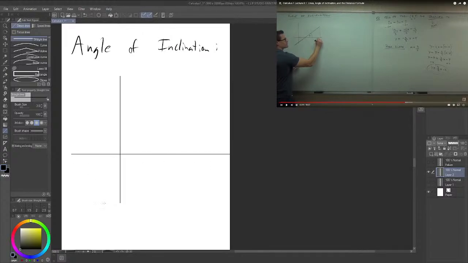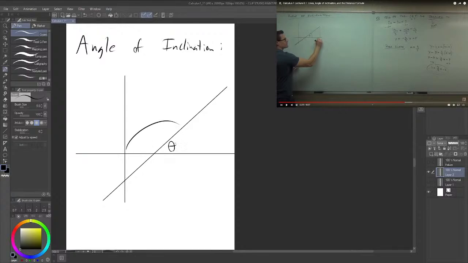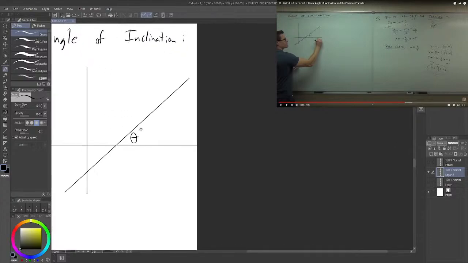I'm not sure I understand the definition. Because wouldn't this be an angle too? It's like crossing into the y, kind of. If he doesn't explain it, I'll look it up.